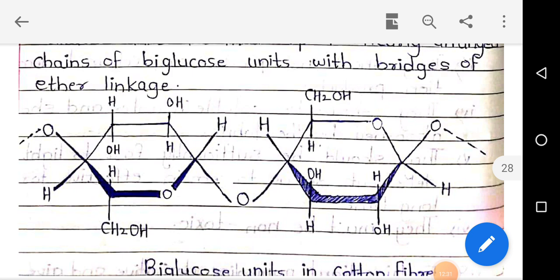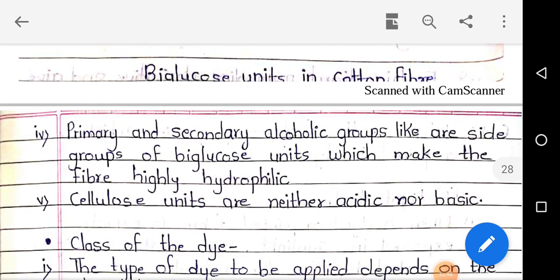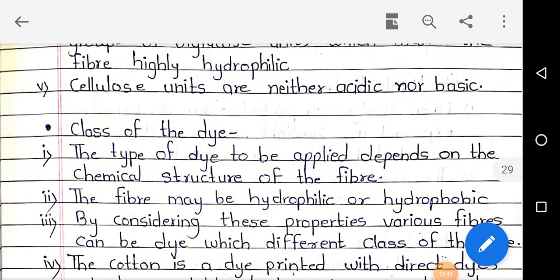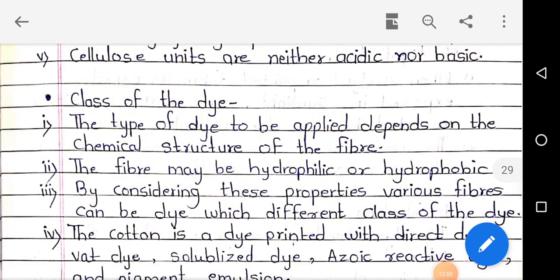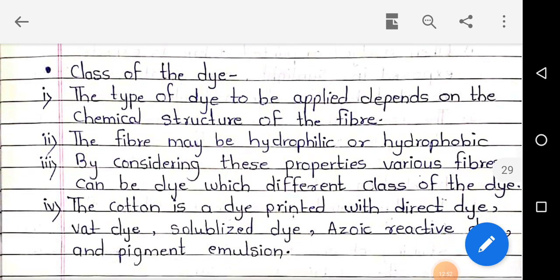As you know the structure of glucose molecules, you can easily draw the structure of cotton, because it is a polyglucose ether-type structure attached by ether linkage. So this is all about cotton and the types of dye used for cotton. This is asked for 5 marks, and it is most important.